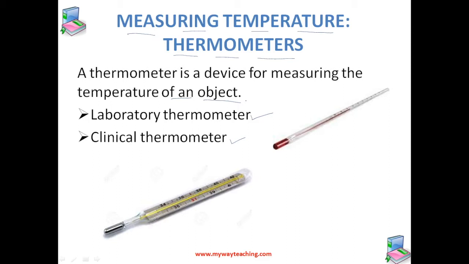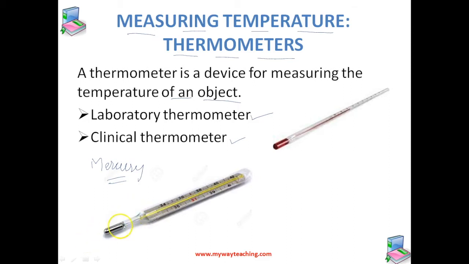The laboratory thermometer as well as the clinical thermometer are both mercury thermometers, which means mercury is filled in these thermometers. When heat is supplied to the thermometer bulb containing the mercury by the hot body whose temperature is to be measured, the mercury expands and rises in the glass tube of the thermometer.